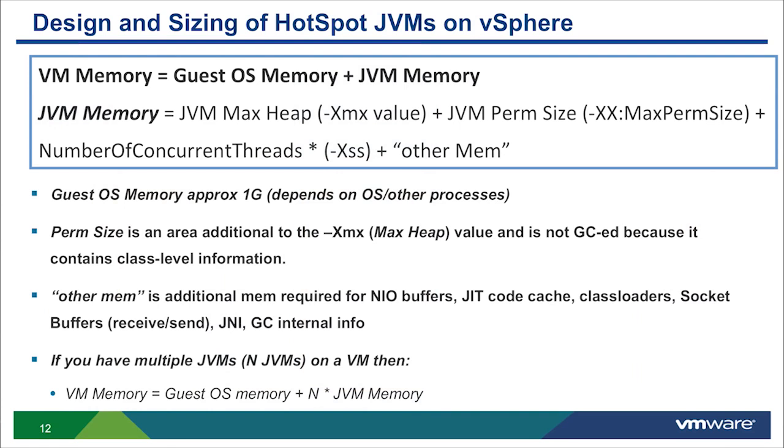And in turn, JVM memory is made up of the heap, the perm size, the size of the application, the number of concurrent threads times the stack. So if you've got 100 threads you're modeling, multiply that by the stack. And then this other mem section. Now, naturally, if you've got multiple JVM instances, you need to provide a multiply here. The n is the number of JVMs. Pretty simple. Okay, so let's take a look at an actual sizing example.